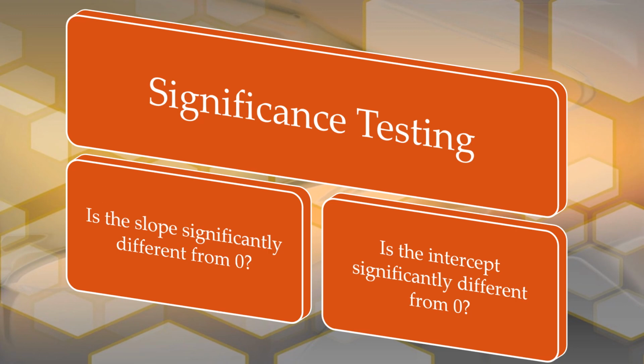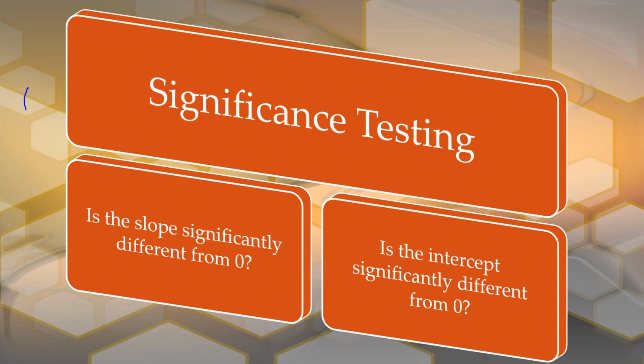When we're doing regression, we have two parameters that we estimate. We estimate the slope and we estimate the intercept. So we can have two different significance tests for regression. We can have one for the slope and one for the intercept. Generally, we use a t.